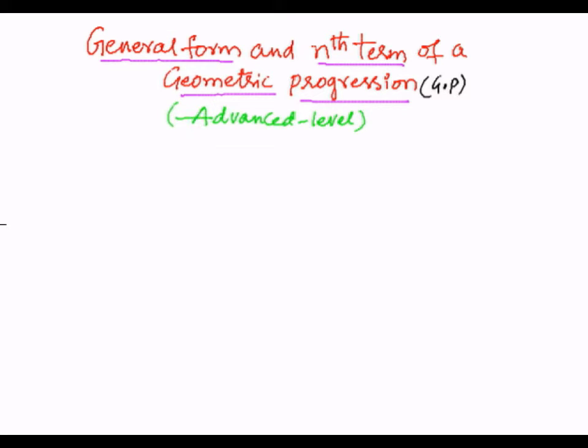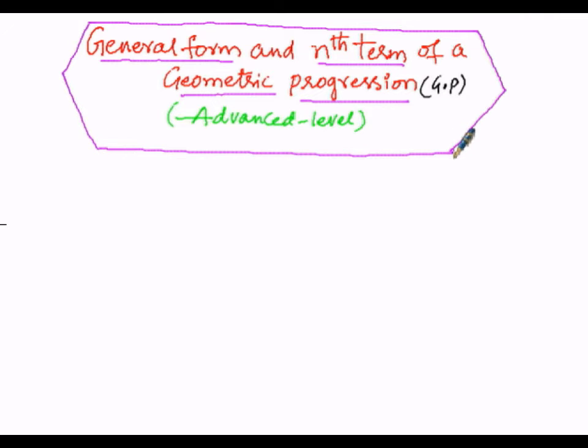So, here generally the first term of a sequence is denoted by the letter small a, and the common ratio of the sequence, that is GP, is denoted by the small letter r.